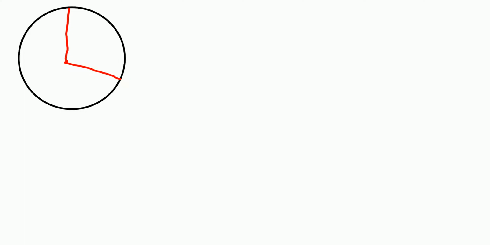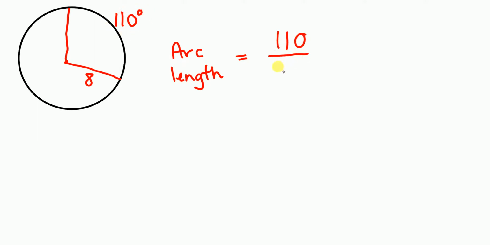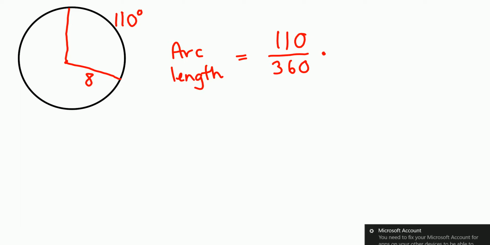Okay, so in this example, my radius is 8 and my arc measure is 110 degrees. So we find arc length equals, take our arc measure of 110 degrees divided by 360 and multiply it by the circumference.